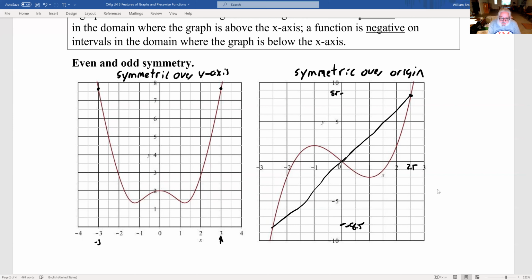Now we're at y equals -8.5, x equals -2.5. Right? So if I take these two points on the graph and draw the line that connects them, the midpoint of that line is directly at the origin. That means that we put a minus sign on our coordinates, and that gives us the other point. So that's what symmetric over the origin means.